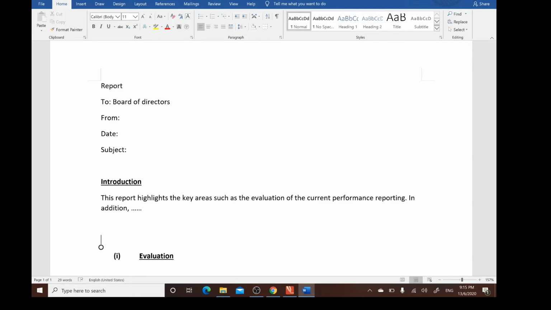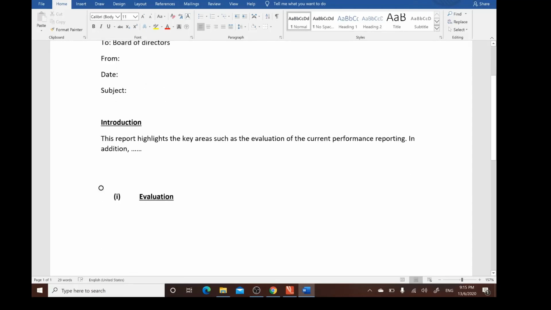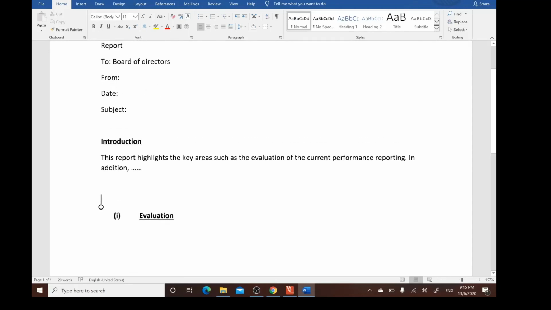Not to worry about that part. This is very much on the introduction part, and of course, if there are any workings, they have to be shown in the appendix, which you yourself will have to create in the examination.